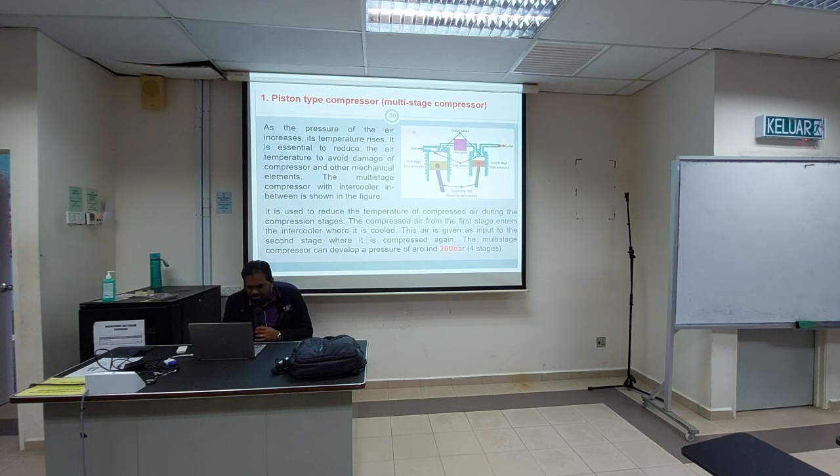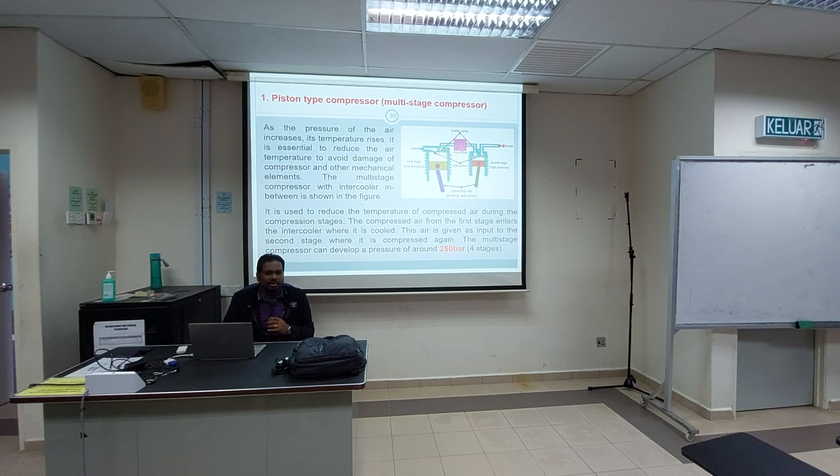Okay, so udara akan masuk dekat sini, udara akan masuk, dia akan mampat. So dia akan masuk dekat sini pula, masuk ke intercooler. So what intercooler will do? So dekat sini pressure dah increase. Kan tadi kan dah increase ke 3 ke 7 bar. So dia dah increase, but you need to understand when udara itu pressure dah increase, temperature pun akan tinggi. Pressure tinggi, temperature pun akan tinggi dekat sini.